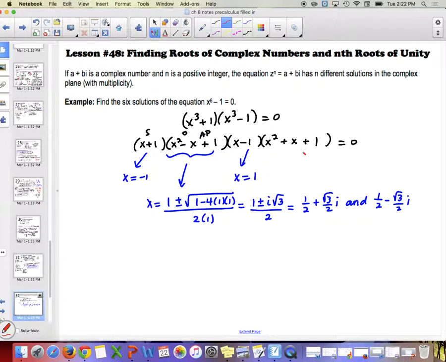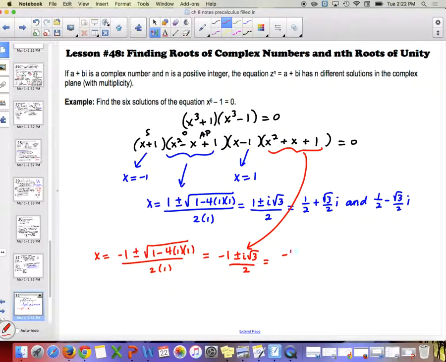Now if we want the other solutions, to this part, same idea. We go through the same process. Negative b plus or minus the square root of b squared minus 4ac, all over 2a. So we get negative 1 plus or minus. It's still a negative 3 under the root, so it's going to be i root 3 all over 2.